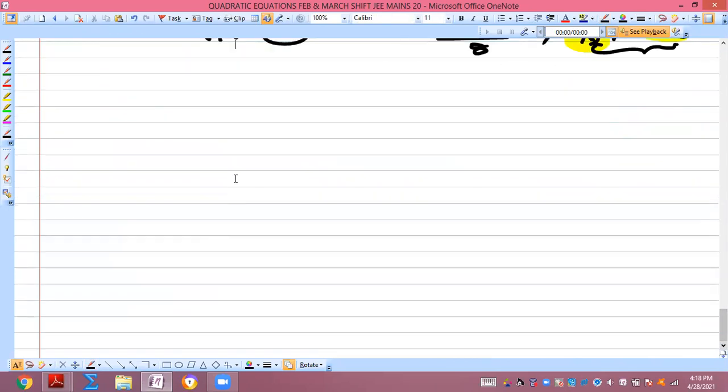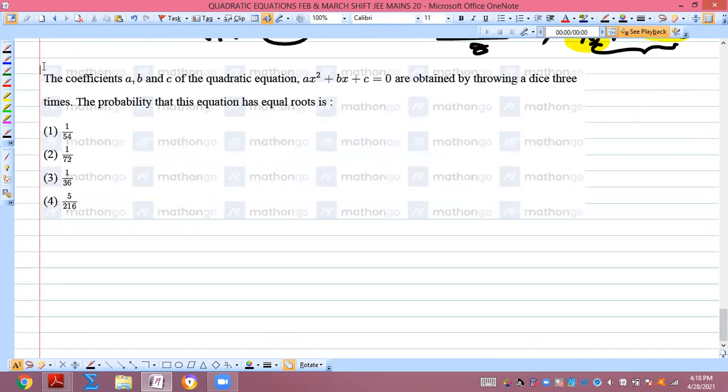Probability that the equation has equal roots. Equation has equal roots means what is the condition? Delta is equal to 0. That is b square must be equal to 4ac.